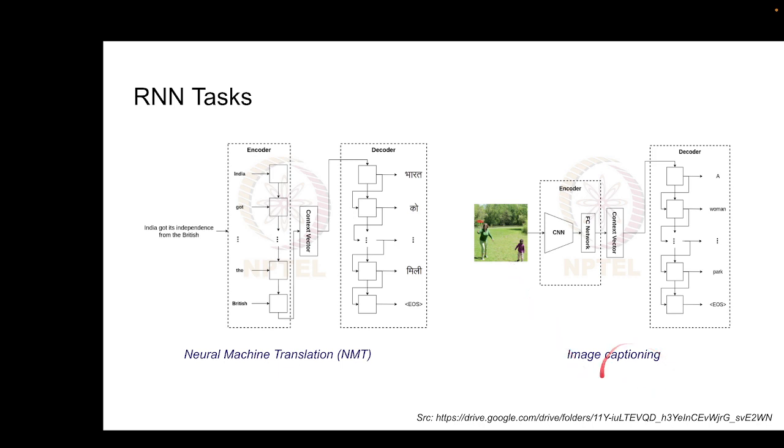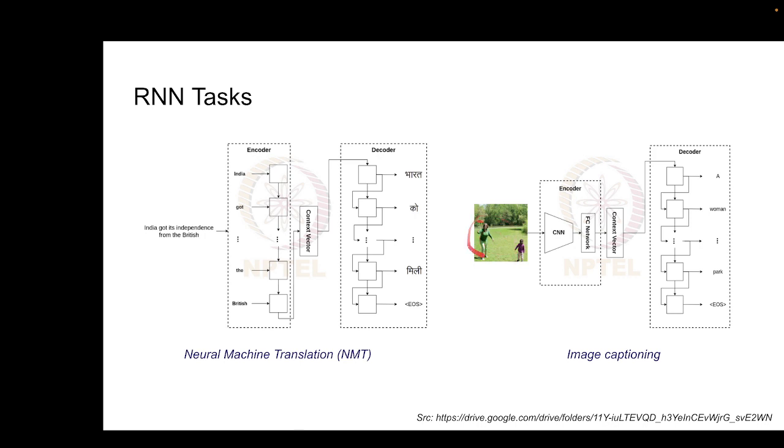Image captioning is a very simple task for humans, but a very difficult task for the machine, wherein the model is given an image and has to describe the image in English words. This is why it's called image captioning: you generate the captions of an image.